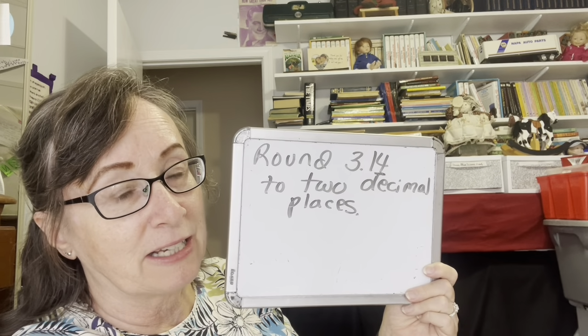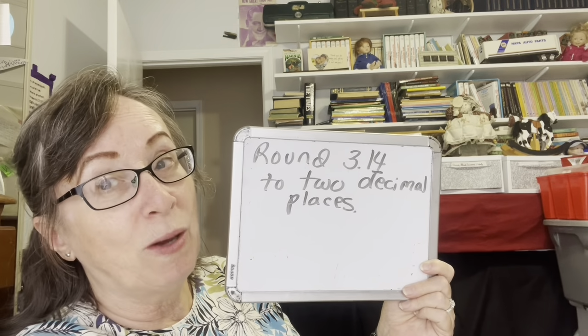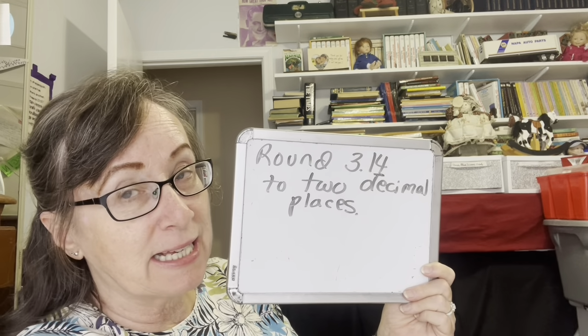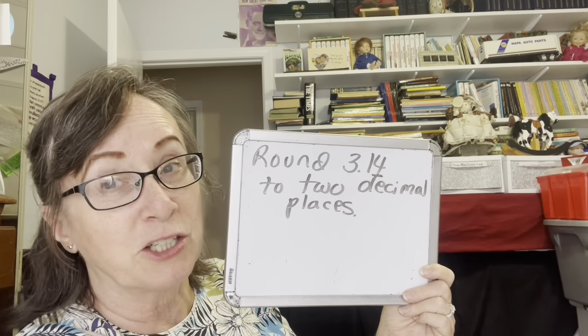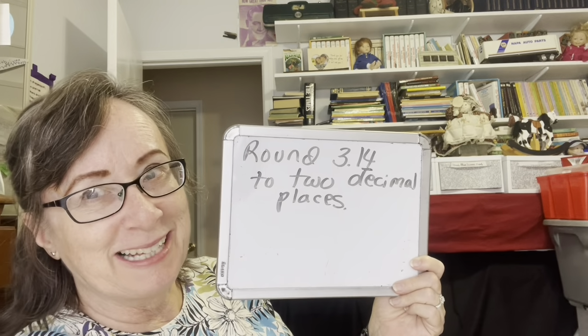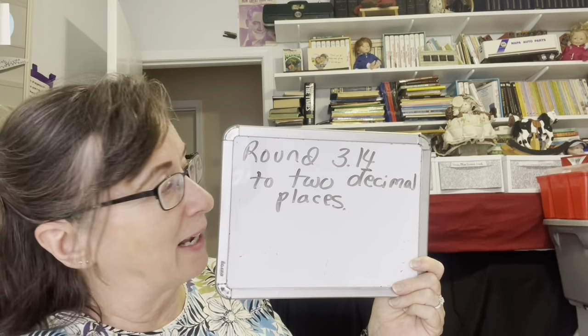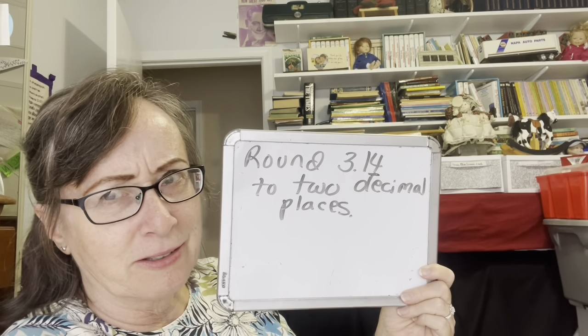They're very significant because they're holding a place. But if you have zeros to the right of a decimal and there's no other number that it's holding the place for, you can just drop them off. They are unimportant. So now let's read our new number correctly. 3 and 14 hundredths is much easier to read.